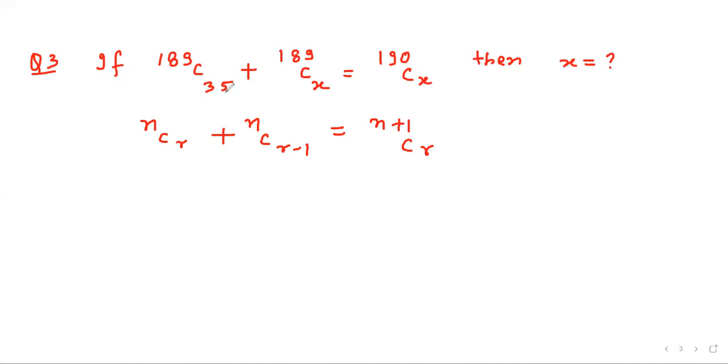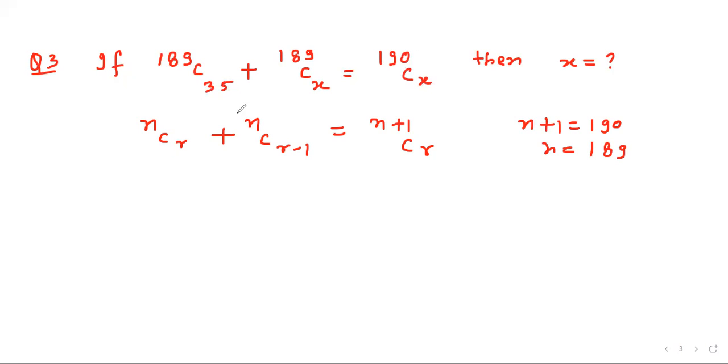Here, if we compare directly, here n plus 1 is 190. So n plus 1 equal to 190, it means n equal to 189.